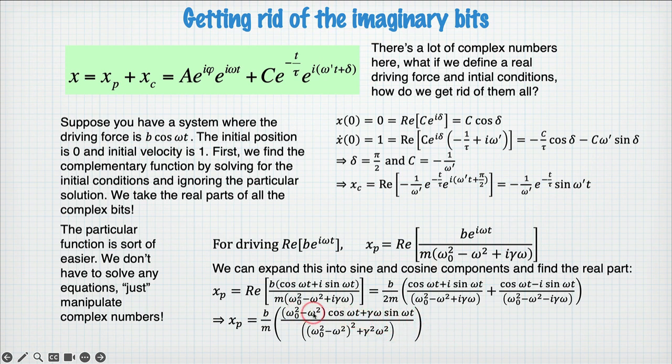You can see that when omega is equal to omega naught, so when we're driving at this undamped resonant frequency omega naught, then the cosine component goes away, and the response, the position, is a sine function. So you can see, directly looking at this equation, that the phase of the position is now pi on 2 with respect to the drive, because cosine and sine differ by a factor of pi on 2 in phase.